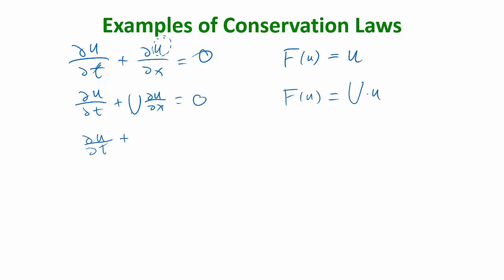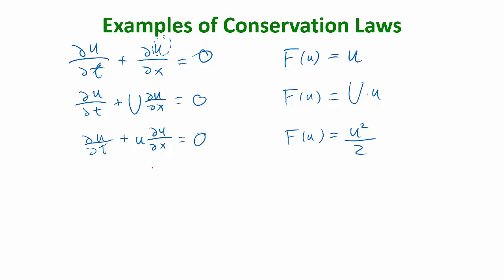What if this speed of advection actually depends on the solution? Actually, what if it is the solution? What if it's small u times du dx? Is that a conservation law? Yes. What is f of u in that case? u squared over 2, yes.